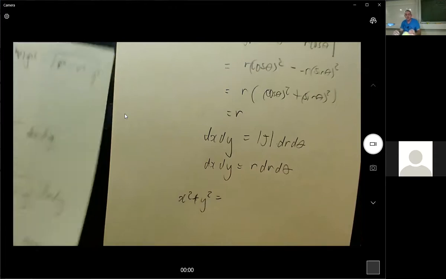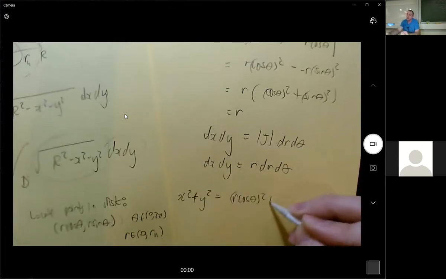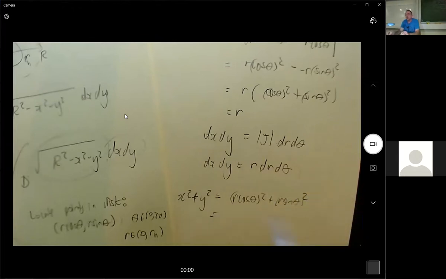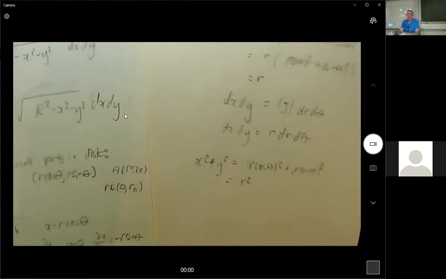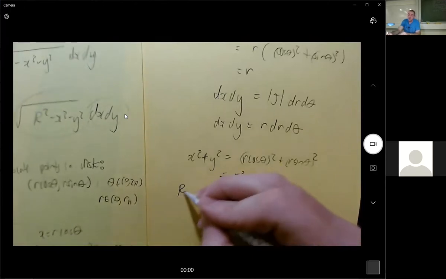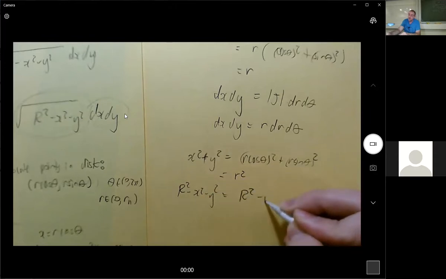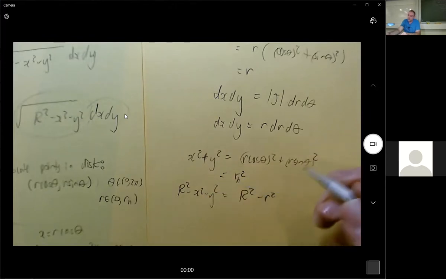Well, x squared plus y squared, if we do the full version, is r squared times cos squared plus sine squared, which is 1, and we'll get r squared. And so now everything can be figured out. So r squared minus x squared minus y squared is r squared minus, no, just little r squared.